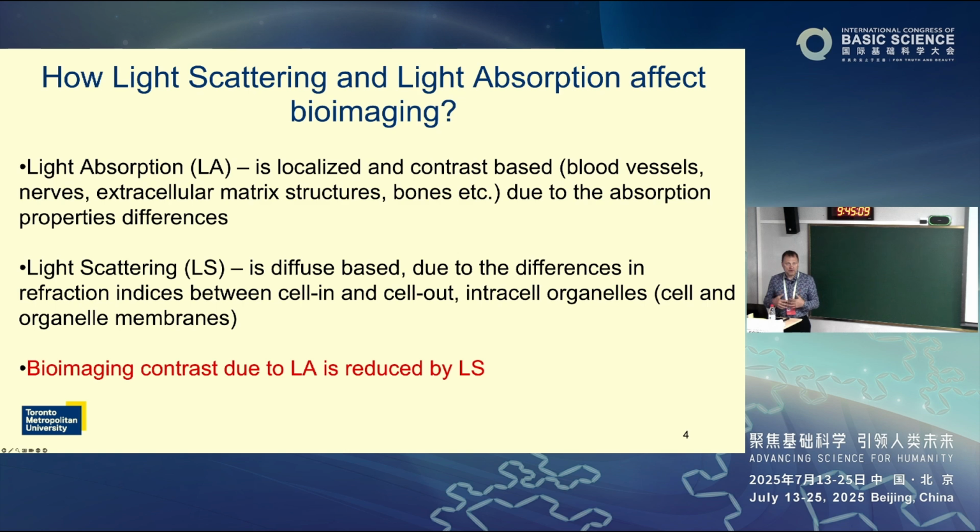In our body, there are a lot of structures that absorb light in the visible range, which is approximately between 400 and 700 nanometers. That's quite narrow.